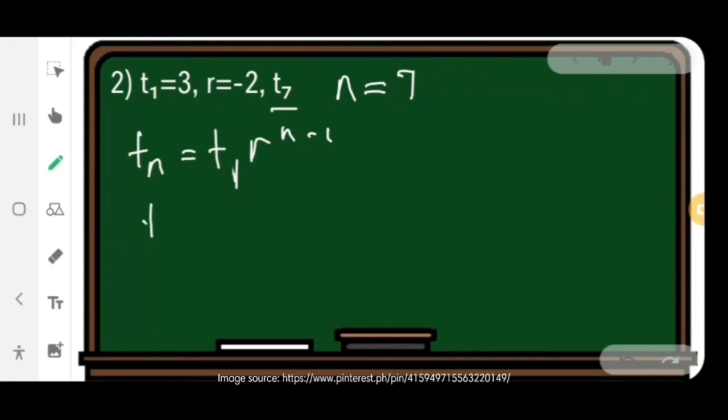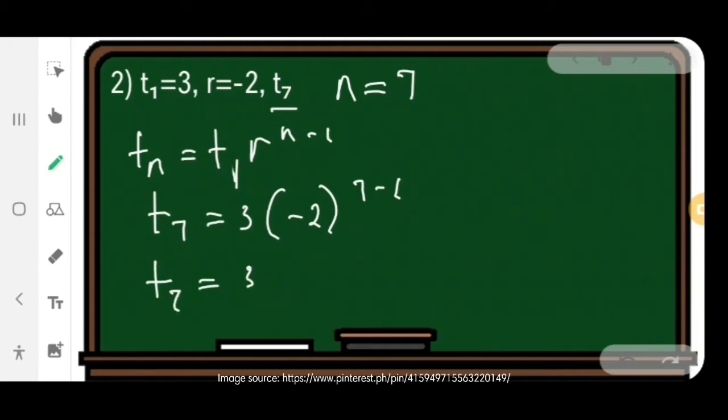So we have t sub 7, because we are looking for t sub 7, is equal to 3 times negative 2 raised to 7 minus 1. So again, we are going to perform the operations in the exponent. So t sub 7 is equal to 3 times negative 2. 7 minus 1 is 6.